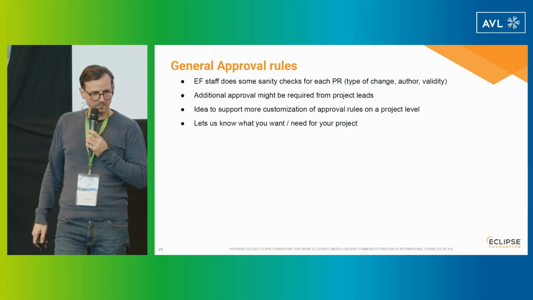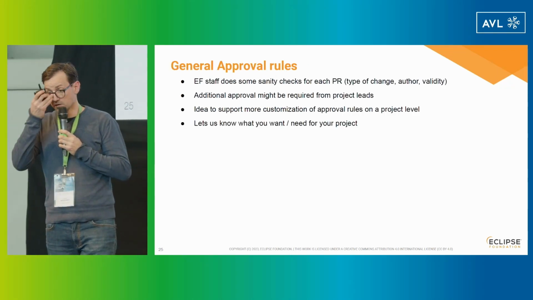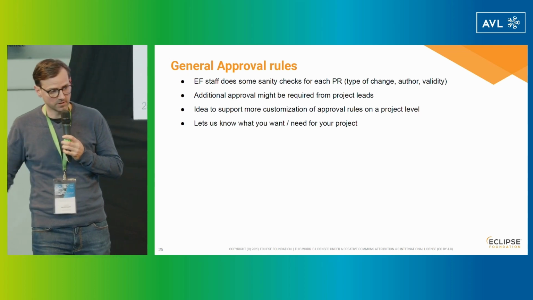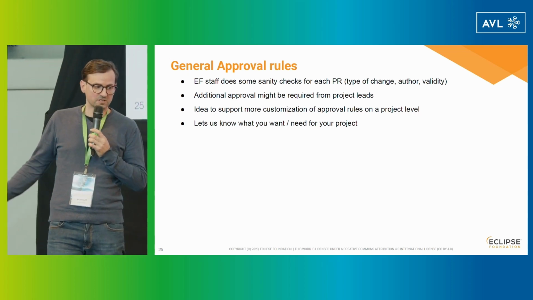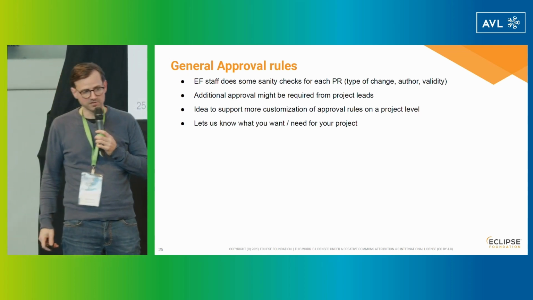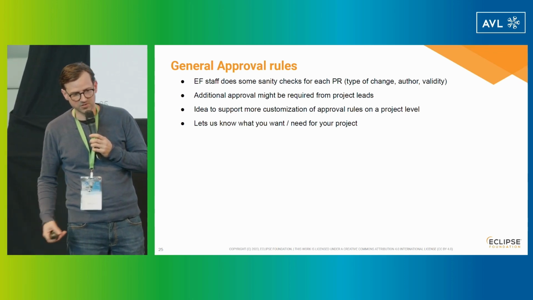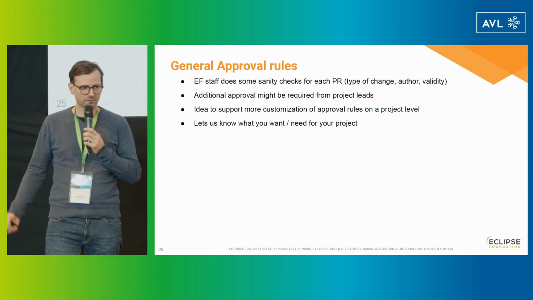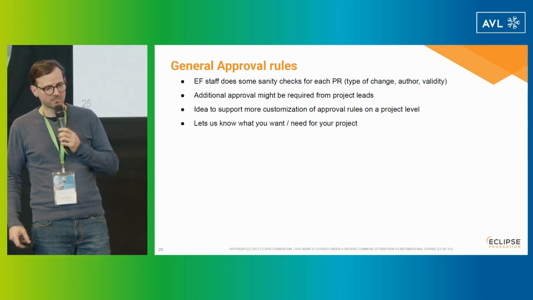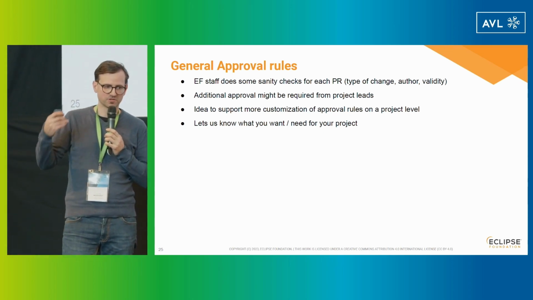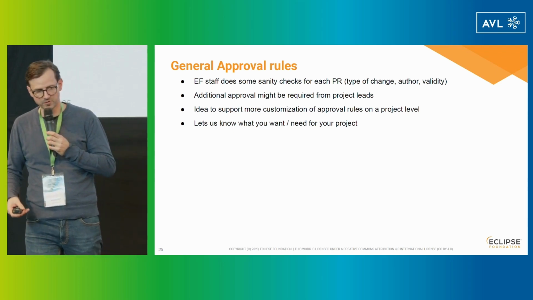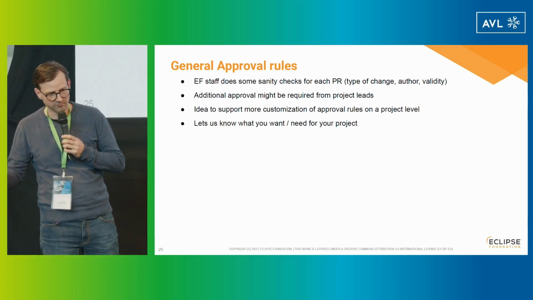General approval rules. So far, we did sanity checks for all PRs ourselves. What is the type of change? Who is the author? Is it valid, of course? Depending on the project, as I said, some projects require that everything is approved by project leads, others are more relaxed.